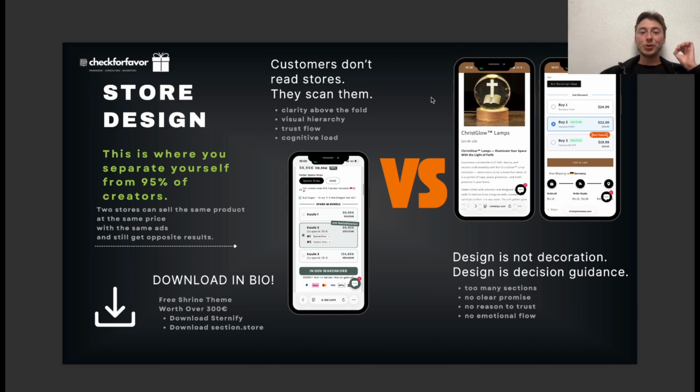Customers also don't read stores, they scan them. Clarity above the fold, visual hierarchy, trust flow, and cognitive load. So the speed is perfect, everything is perfect. You have some trust icons. You see that a human actually built this, right? That's why people buy even simple products, like just tea from another person on TikTok.